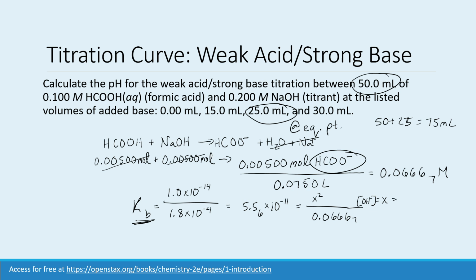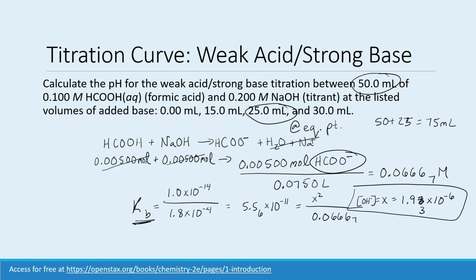Okay, so that hydroxide ion is equal to x, and x would be the square root of the 5.56 times 10 to the negative 11th times the 0.06 repeating. And so we get x equals 1.93, that 3 is subscripted, it's insignificant, times 10 to the negative 6th.